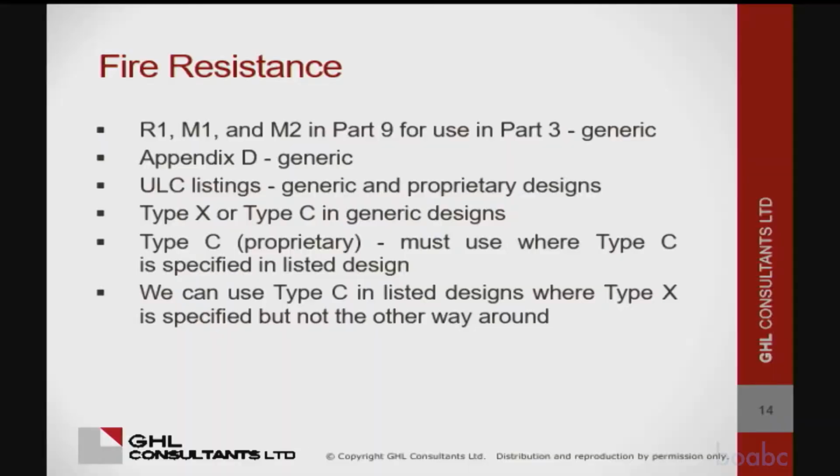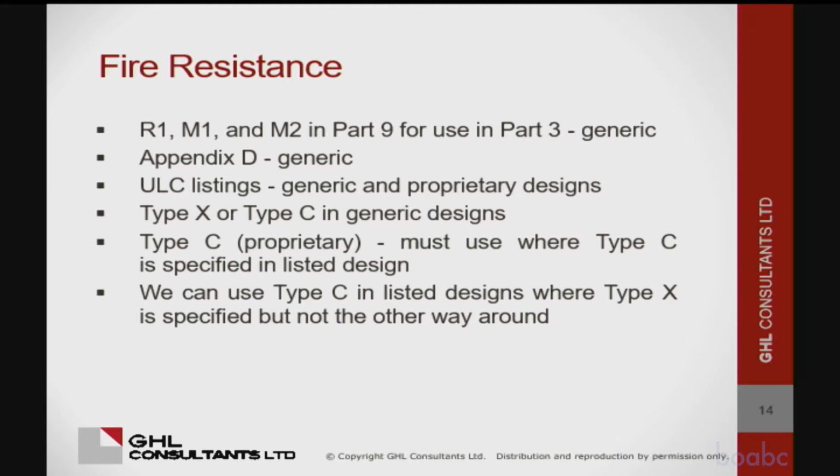The ULC listings have proprietary designs where you have to follow them to the letter, but they also have generic designs that don't specifically say you must use this kind of gypsum board and you must use truss joists and you must do this.